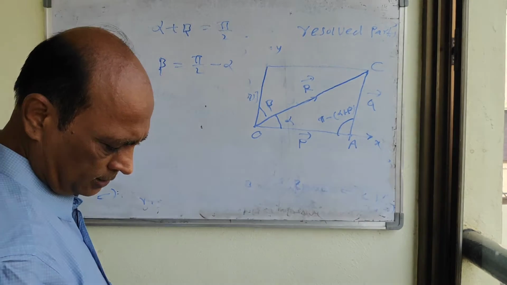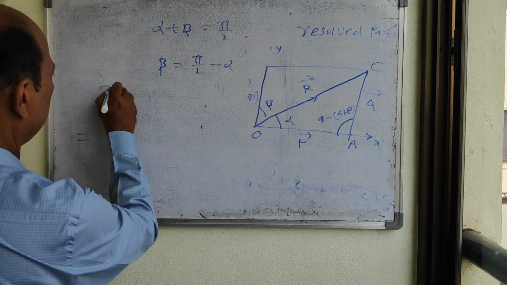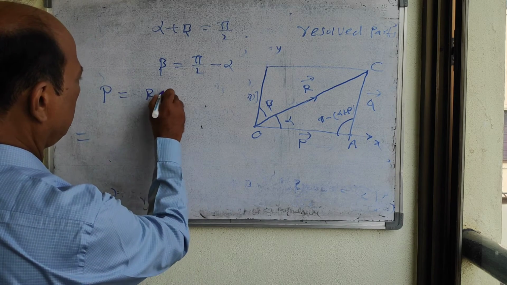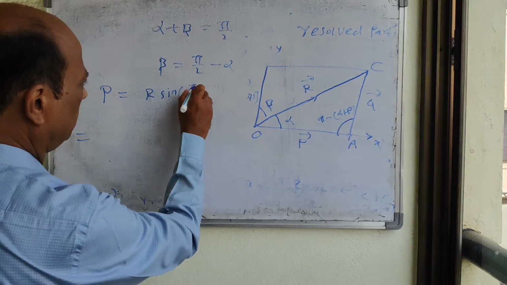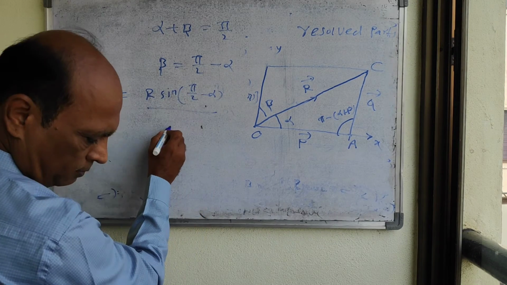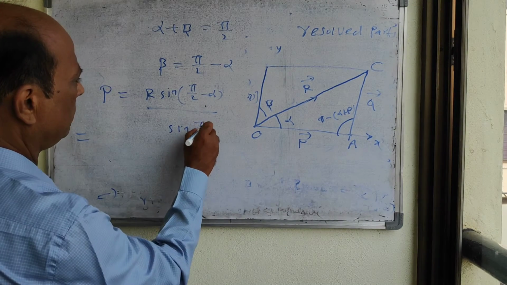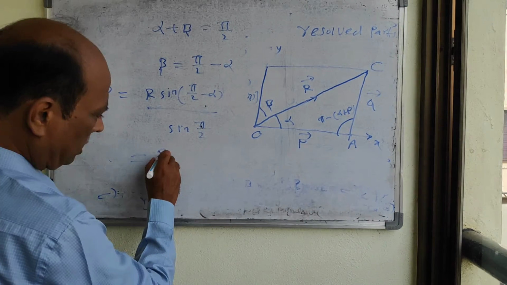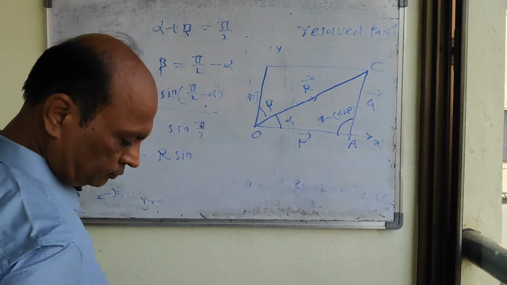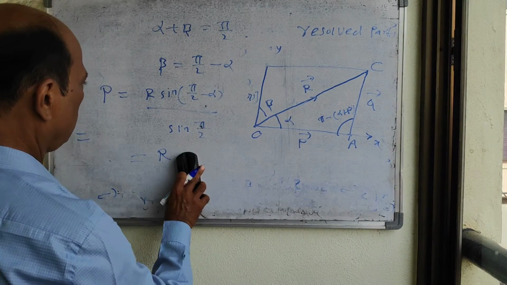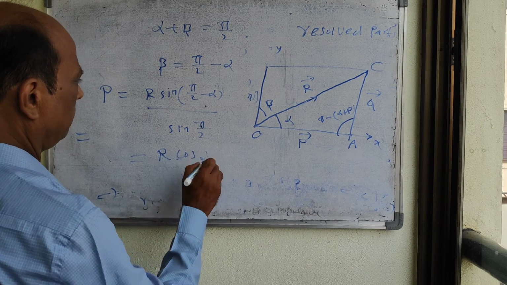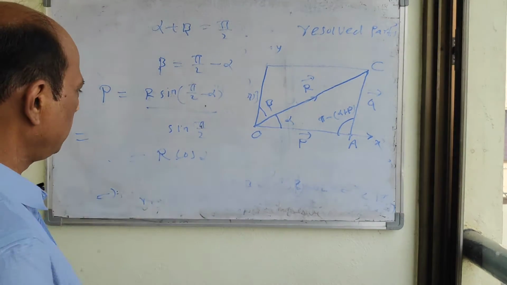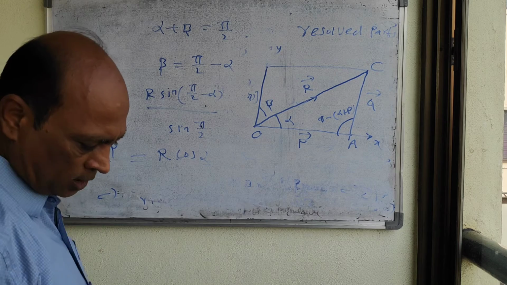So in this case, the component will be P is equal to R sine of (pi by 2 minus alpha) upon sine of pi by 2. That is R cos alpha, because sine of (pi by 2 minus alpha) is cos alpha, and sine of pi by 2 is equal to 1. So in this case, P is equal to R cos alpha.